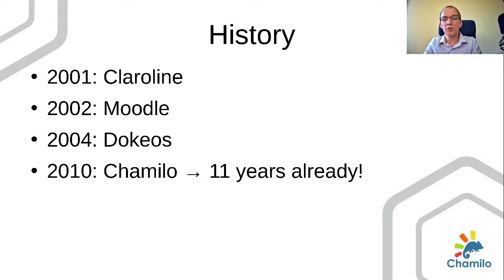Chamilo is a fork of the Dokeos project, which was created in 2004, and that project was a fork of the Claroline project. What it means is that essentially we share common code with the 2001 Claroline platform.